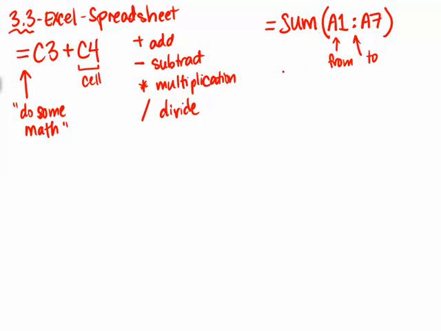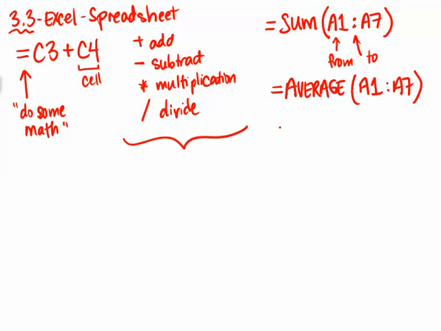If I don't want to find just the sum, because the sum is really the total, and instead I want to find an average, then I'll use equal sign average. Equal sign mean does not exist in Excel. So if I want to find the average of the cells A1 to A7, I'll use equal sign average, open bracket, A1 to A7, close bracket. So here are all my very basic operations, and then I have the more complicated formulas.